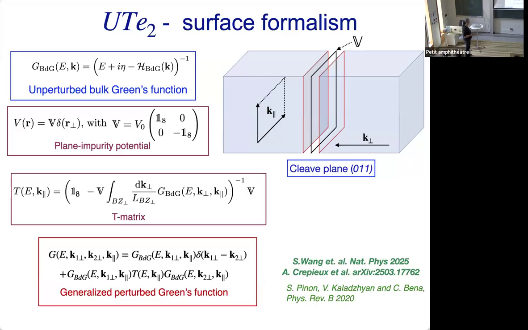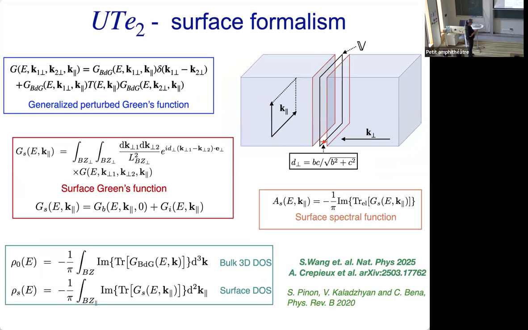I have my generalized perturbed Green's function, now depending on K1 perp, K2 perp, and K parallel, and it's written in the T matrix language. So it's exactly the same procedure, now that my impurity is a plane and not a line. And I do exactly the same thing as I did before.